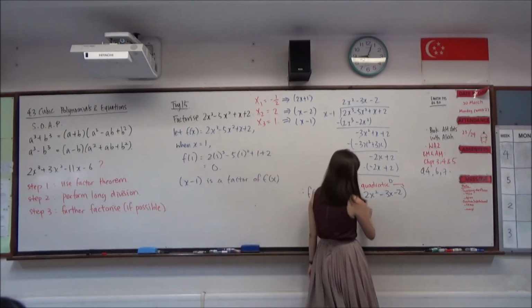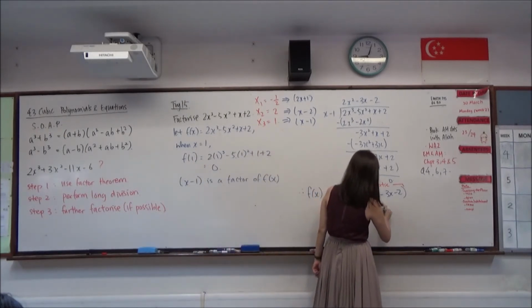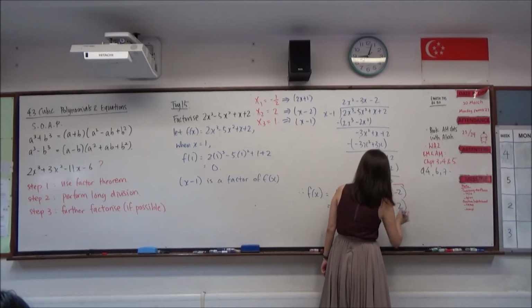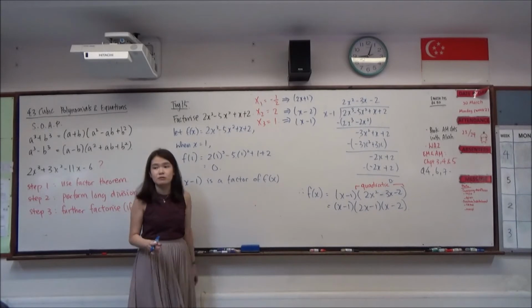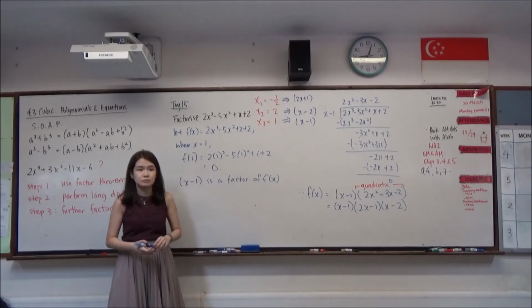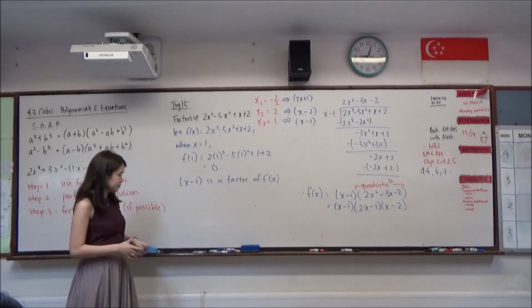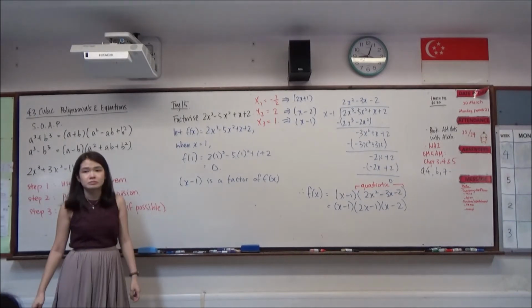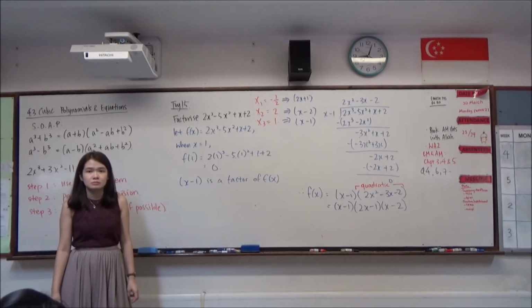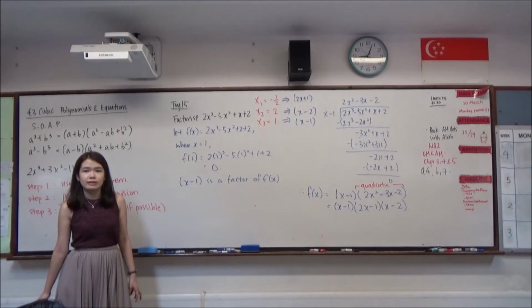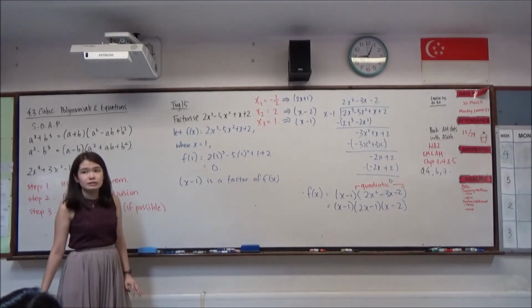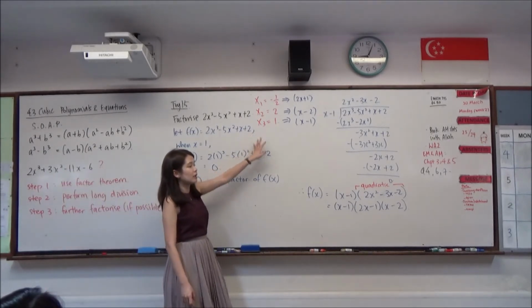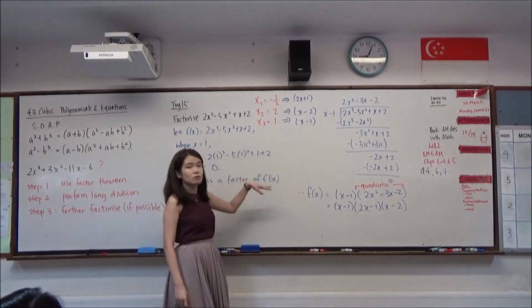Okay, so this will be the fully factorized form. Does anyone not understand what I'm trying to do? So when you're factorizing, you cannot make use of the calculator and tell me this answer. You need to go through these steps.